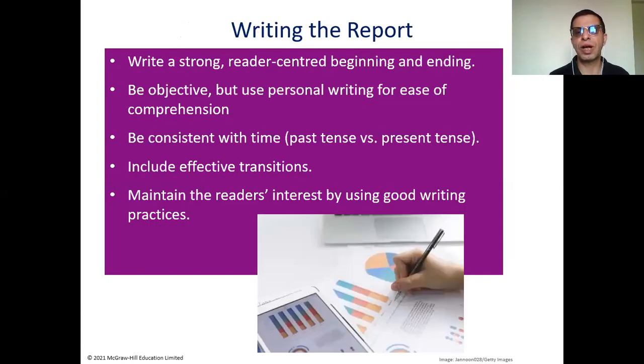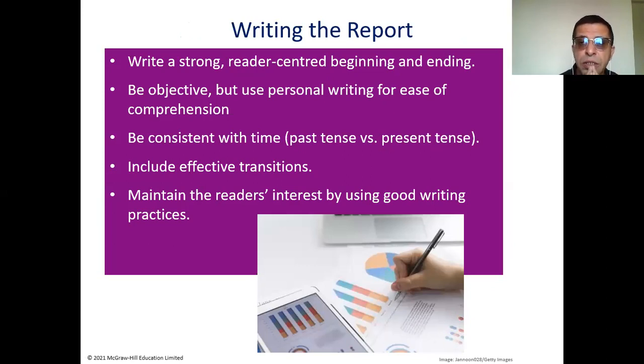Now, when you're writing the report, you want to make sure that you write a strong reader-centered beginning and ending. The beginning will grab the reader's attention, and when he finishes the report, he comes up with some kind of conclusion.